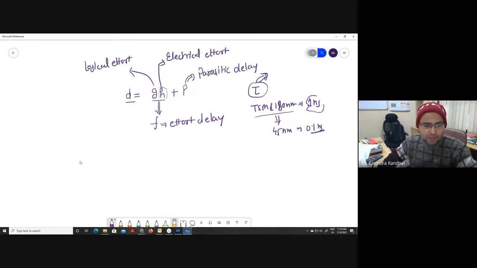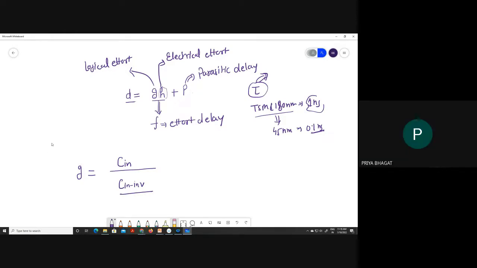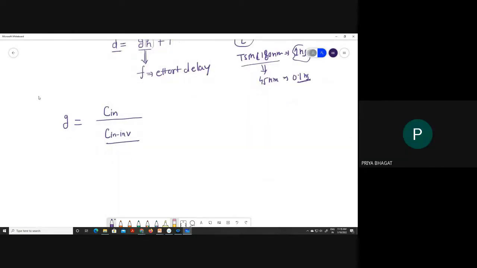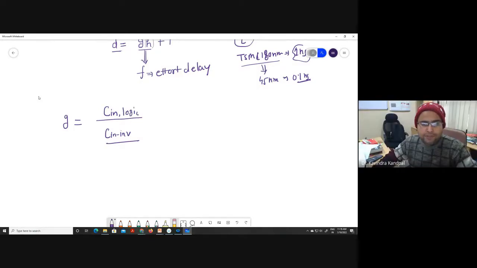Now I told you the logic that in order to estimate the logical effort, you need to compare the input capacitance of a particular logic gate with respect to the input capacitance of a standard inverter, provided that this inverter and this logic gate have the same current driving capability.